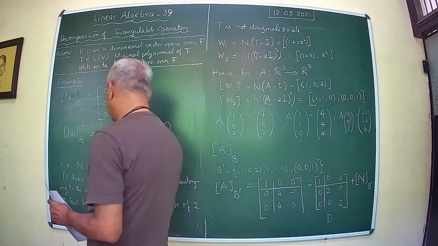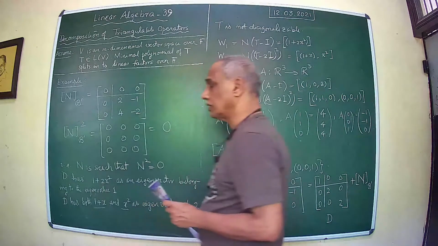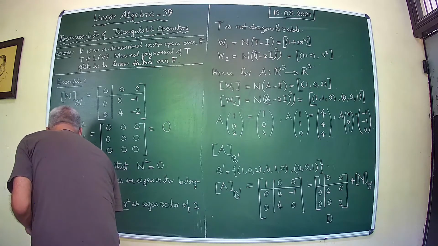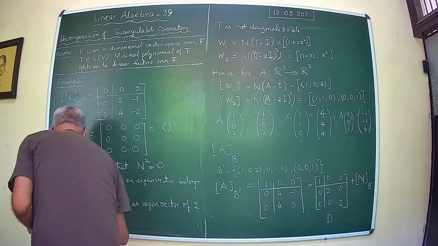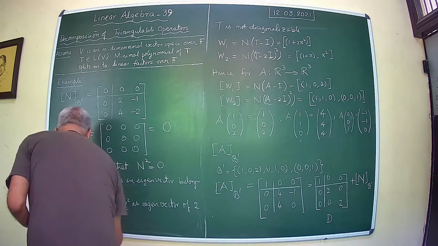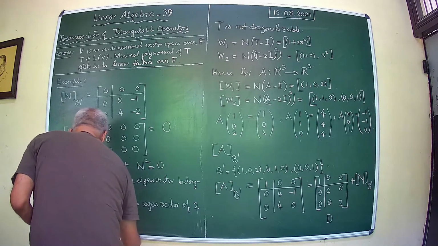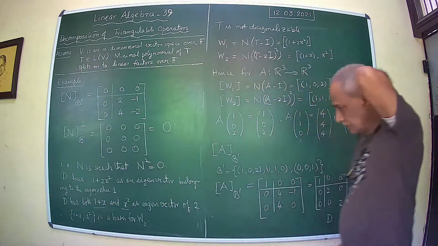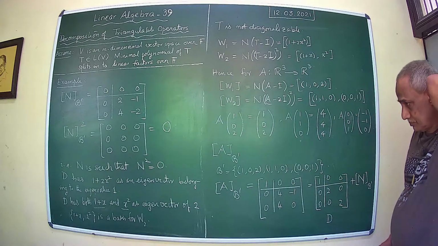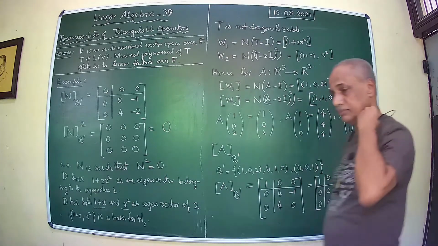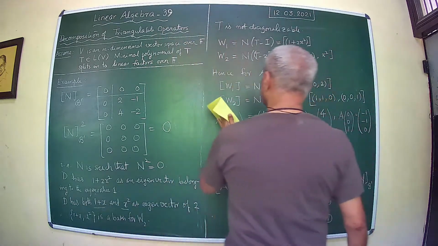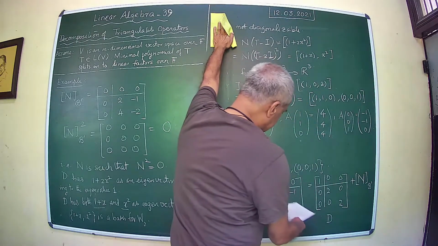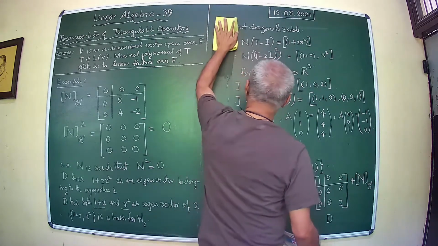Thus here 1, x and x square turns out to be the basis for W. Now we choose this a bit more cleverly and then see what happens.